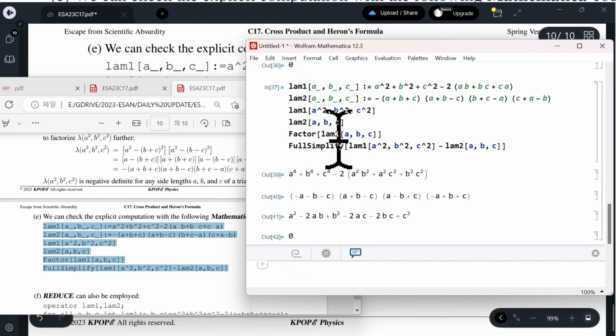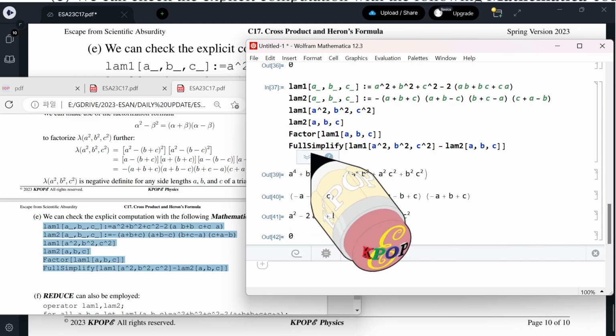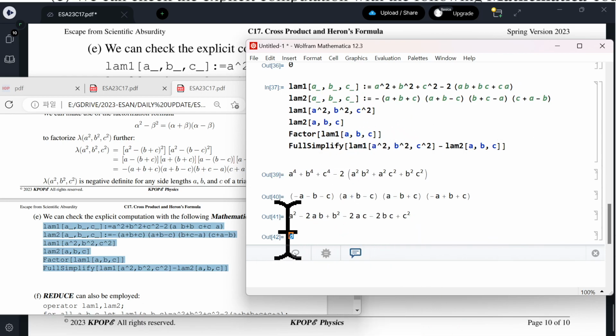So lam1 in here, and then FullSimplify the difference between lam1 a squared b squared c squared and the factorized form. Finally, if I subtract and FullSimplify this expression, it gives a 0. So our proof by hand is reproduced by computer.